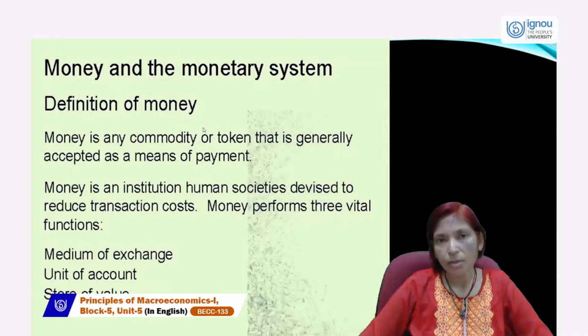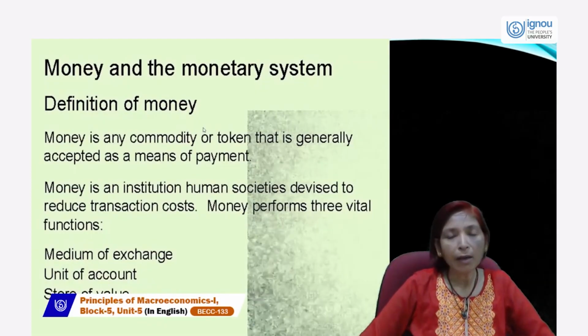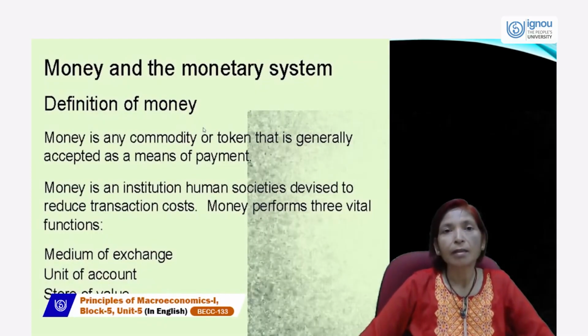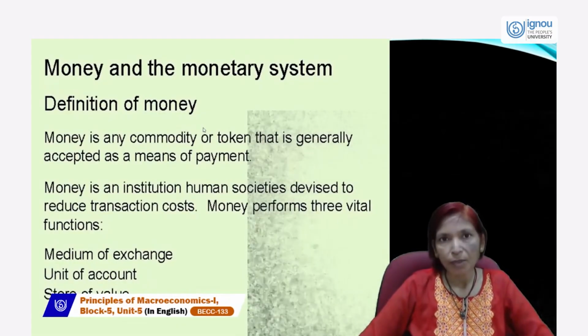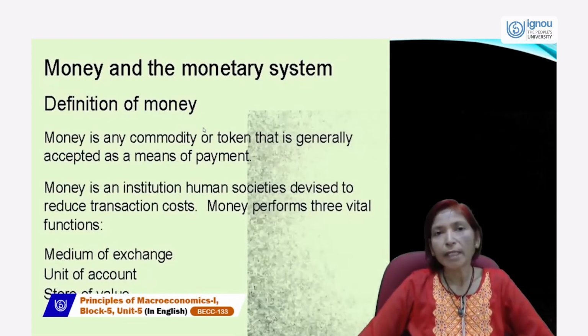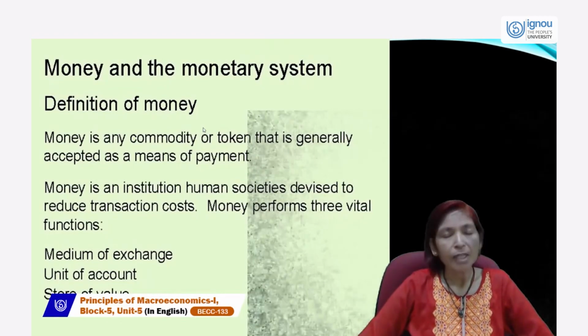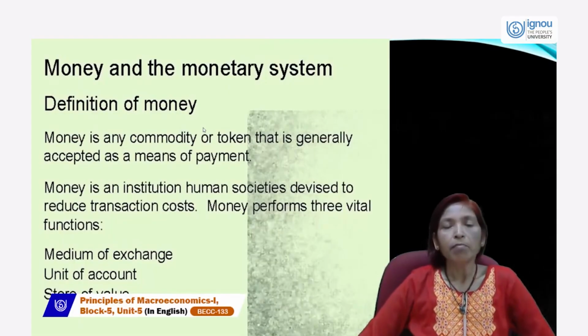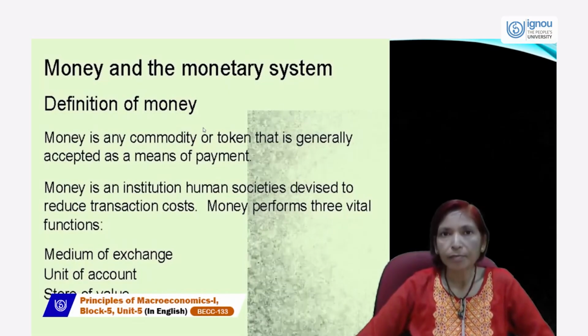Unit of account. Unit of account means that everything can be measured in a particular unit. As you know, distance is measured in kilometers, and milk is measured in liters.